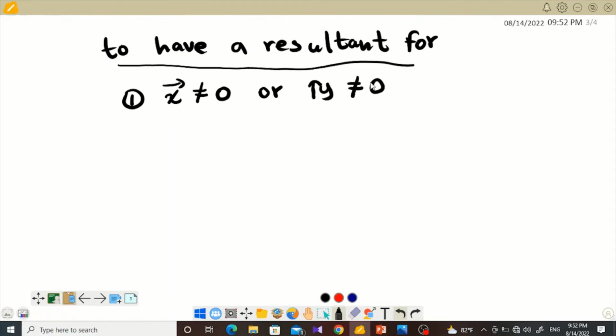In this condition, we can explain it like this also: one of these can be 0 but not both.